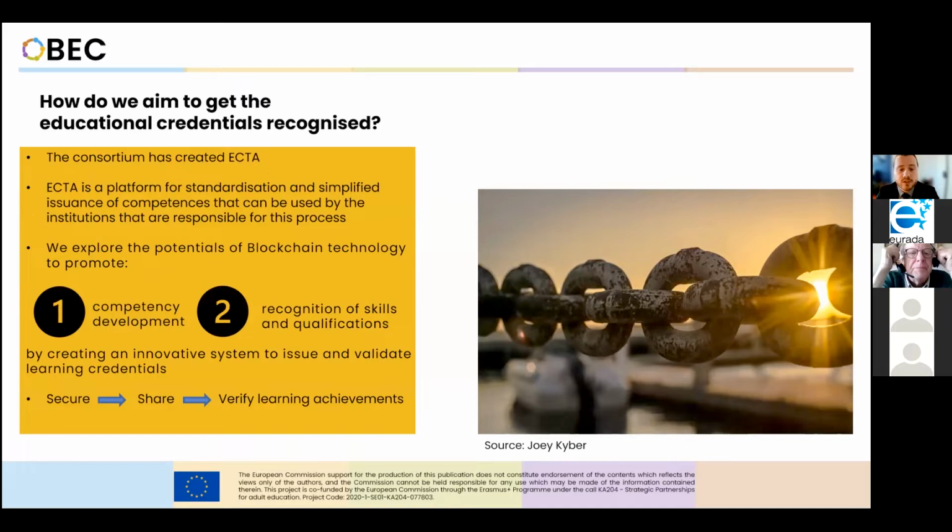We explore the potentials of blockchain technology to promote competency development and the recognition of skills and qualifications by creating an innovative system to issue and validate those learning credentials. Learners and institutions can use this technology, which is transparent and trusted, for securing, sharing, and verifying their learning achievements across Europe.